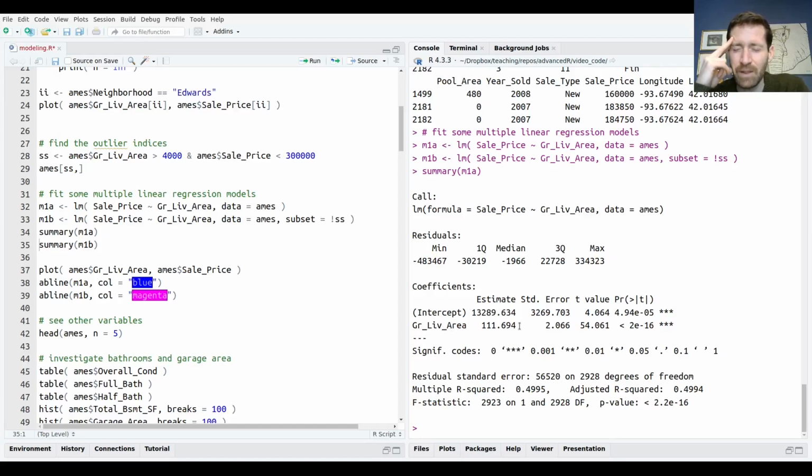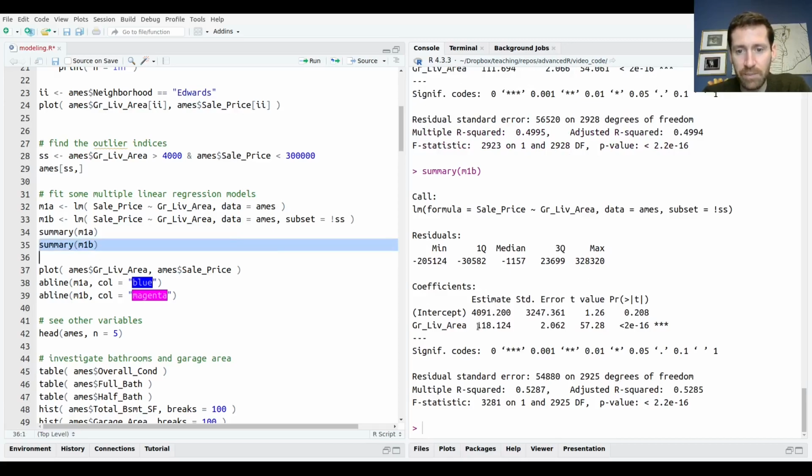If you increase the size by 1,000 square feet, which for a small house is like doubling it, for a medium-sized house is adding somewhere like 50% more, it would go up by $111,000. That sounds roughly about right for this time period. Okay. If you take them out, it goes up by $118. And this kind of makes sense.